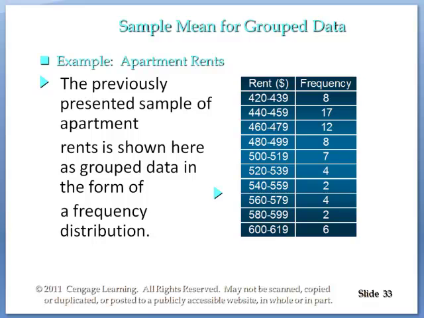So for instance here, this is how they grouped the apartment data. They divided it into 10 classes, and they observed the frequency of each. So as you can see, there were 8 apartments with rents between $420 and $439, 17 with rents $440 to $459, and so on.